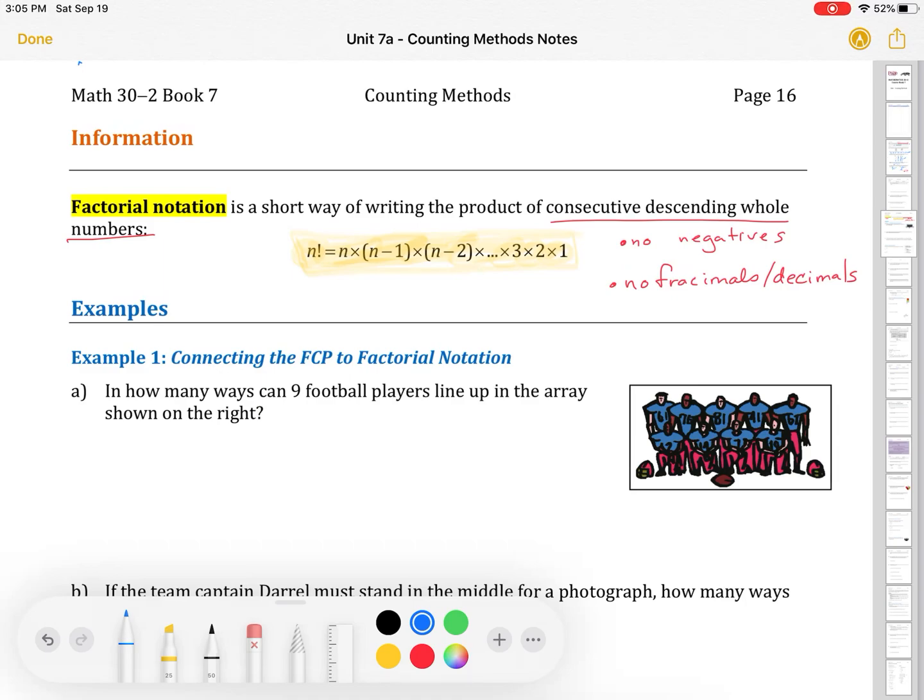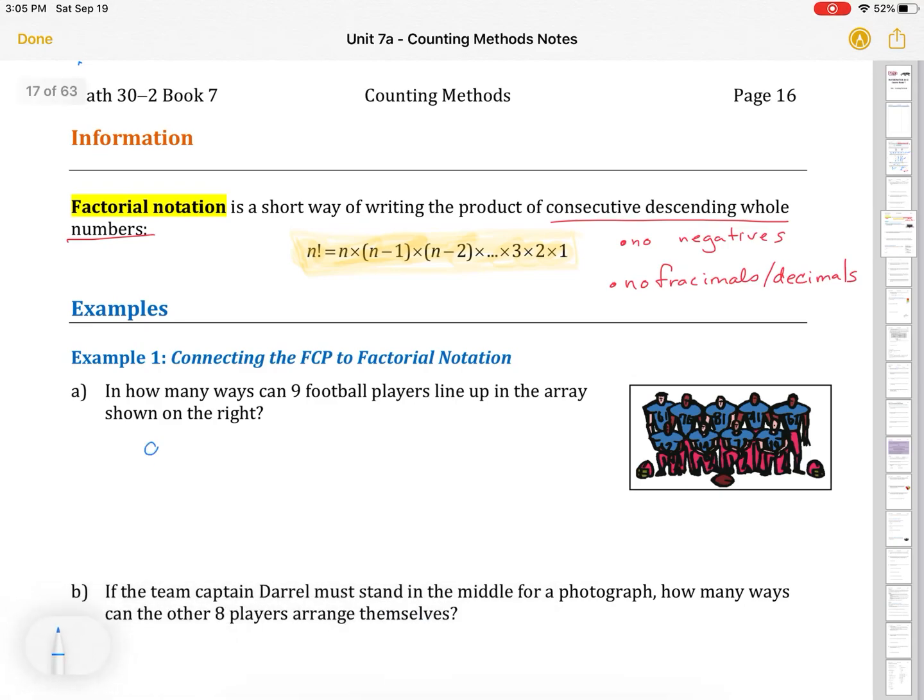Okay. So let's use this. How many ways can 9 football players line up in the array shown on the right? So we have our array on the right. So it's basically we have the 9 football players and they're going to keep switching positions. So we could do 9 times 8 times 7 times ... times 3 times 2 times 1 to get our number.